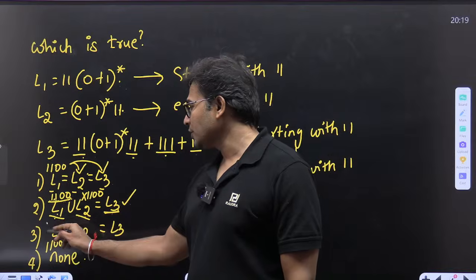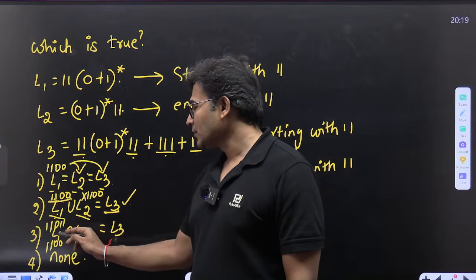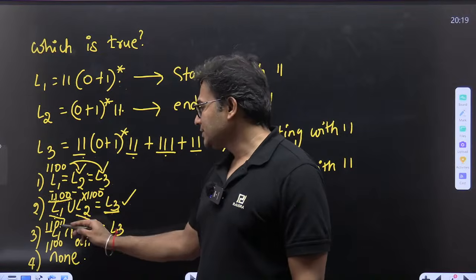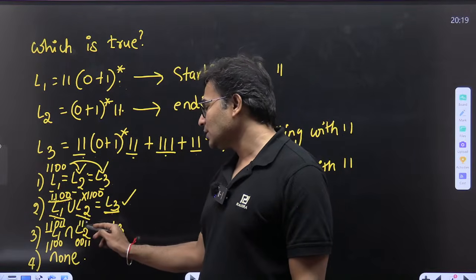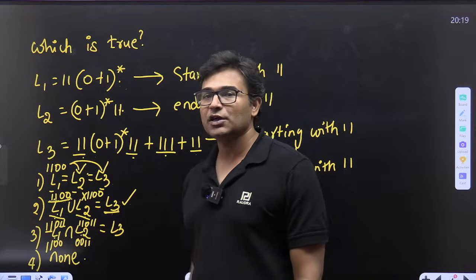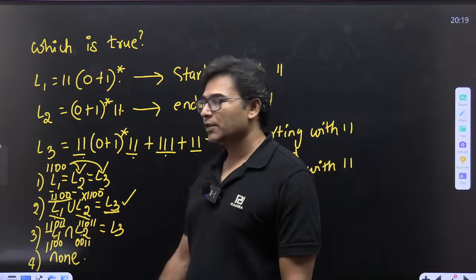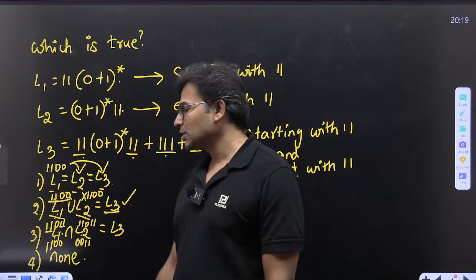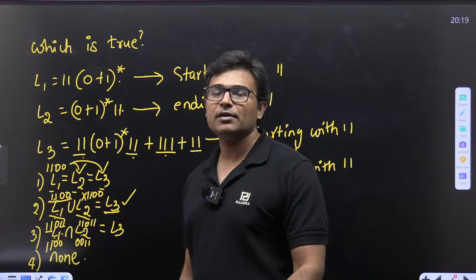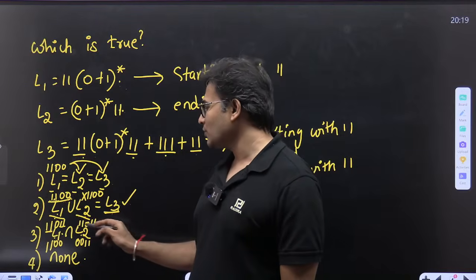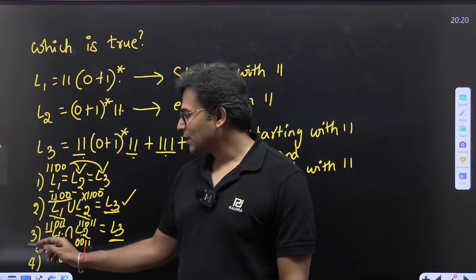If I take a string 11011, since it is starting with 11, it will be in L1, and since it is ending with 11, it will be in L2. Therefore, what are the common strings in L1 intersection L2? Clearly, it is L3, because L3 starts with 11 and ends with 11. Therefore, 3 is the answer.